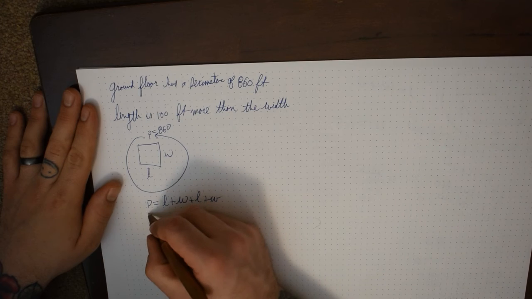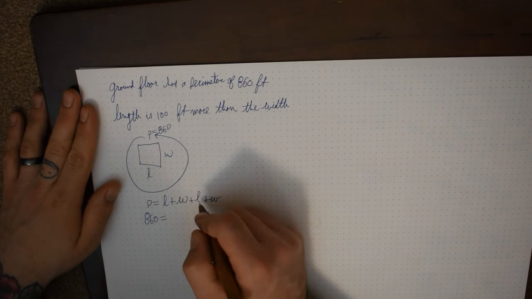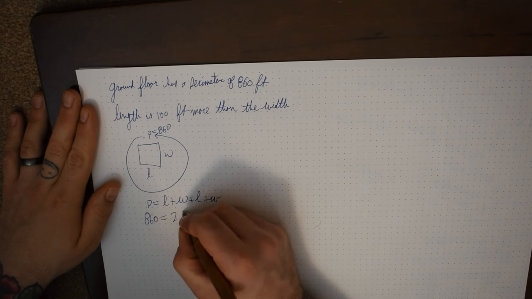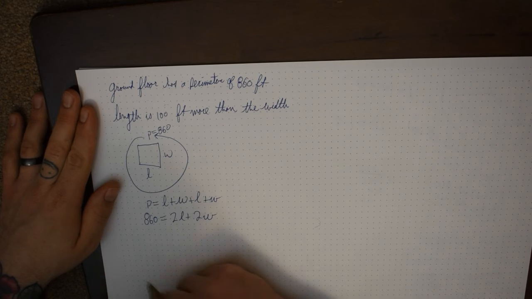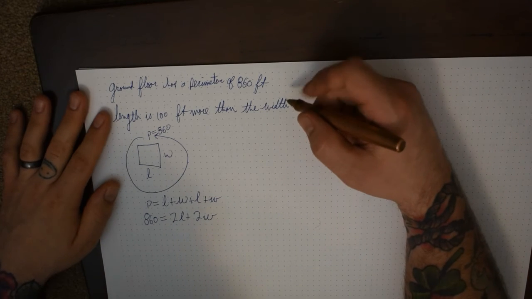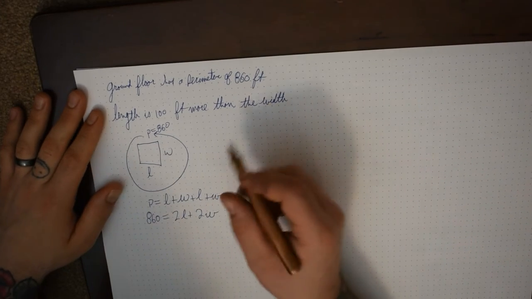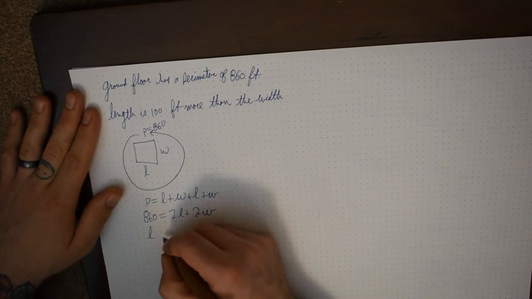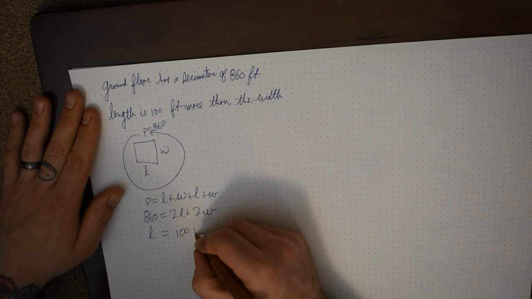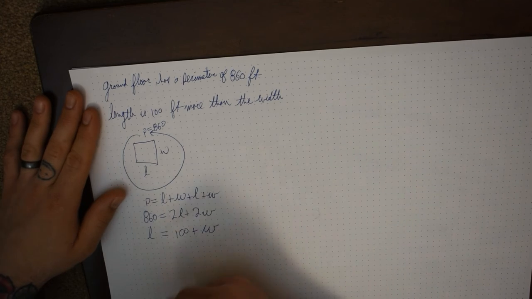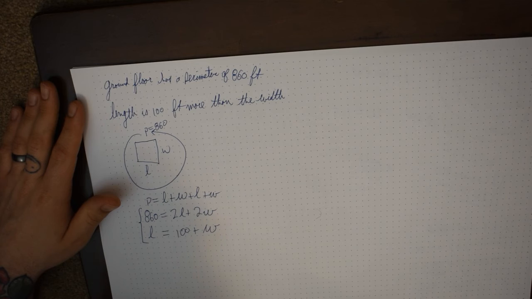That means 860 has to be equal to, by gathering like terms, 2L plus 2W. The second statement says that the length is 100 feet more than the width. That can be interpreted as L is 100 plus W, which gives us this system of equations.